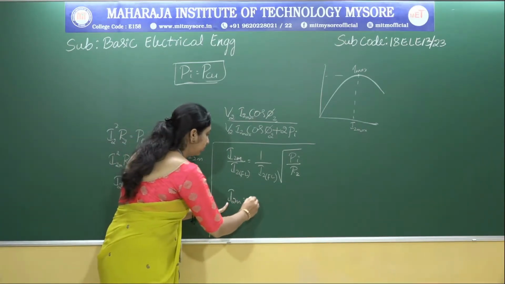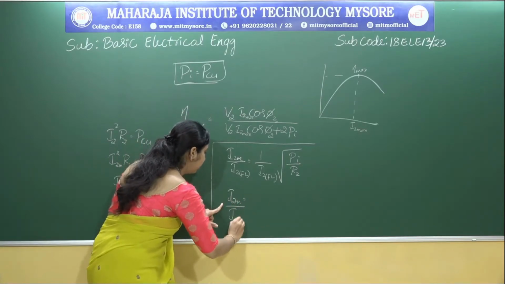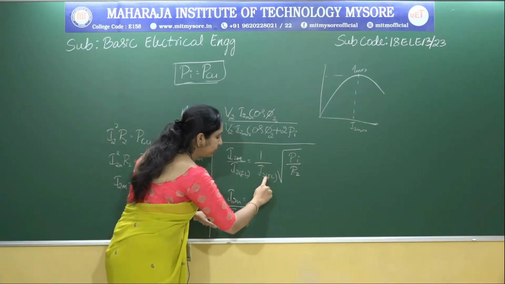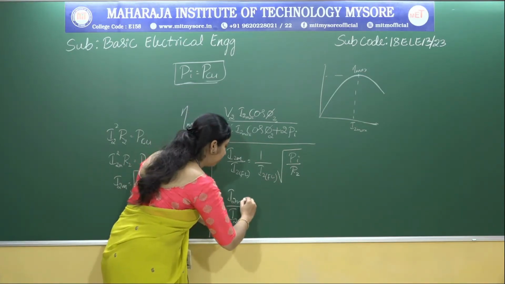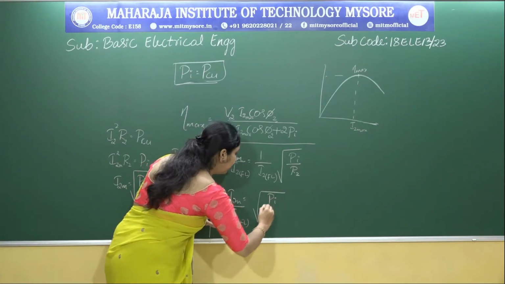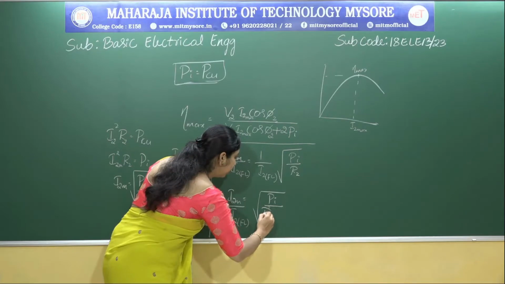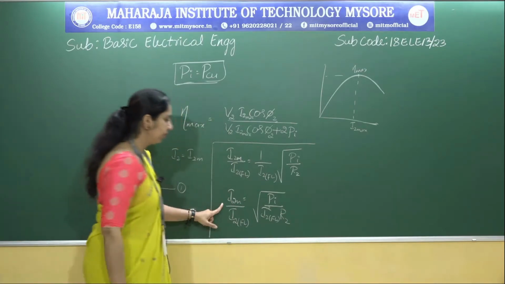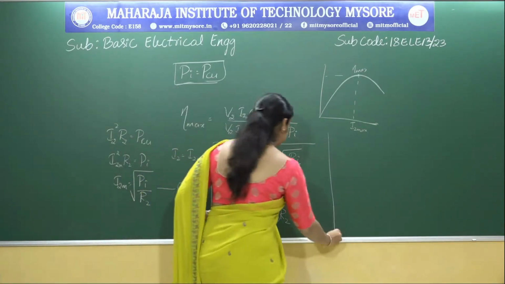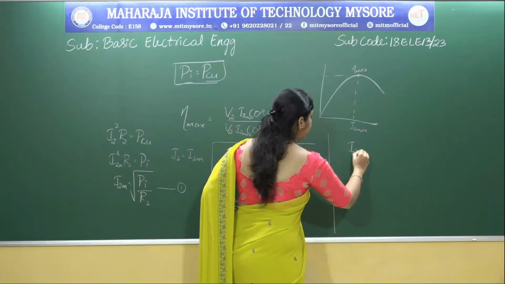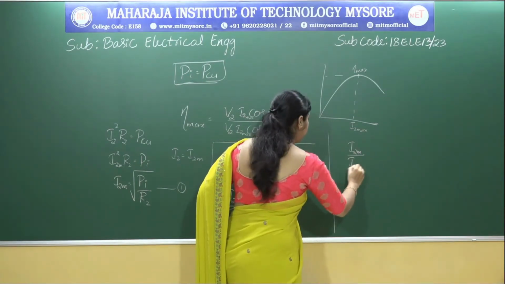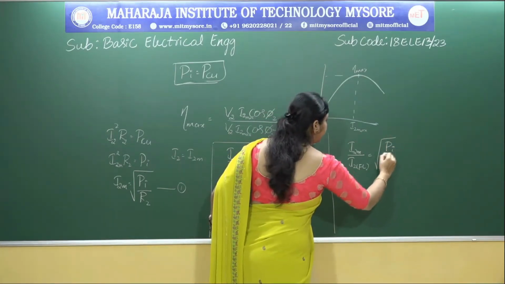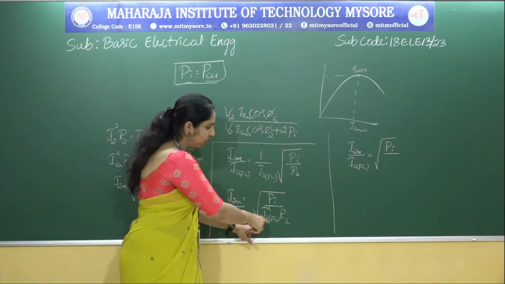Now what is I2M? I will write the same expression on the left hand side and include this I2 full load inside the square root. So we get square root of Pi divided by I2 square full load into R2. In the next step, I2M divided by I2 full load is equal to square root of Pi divided by I2 square full load into R2.